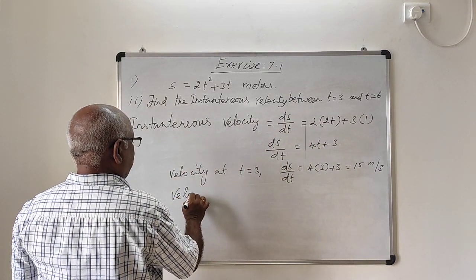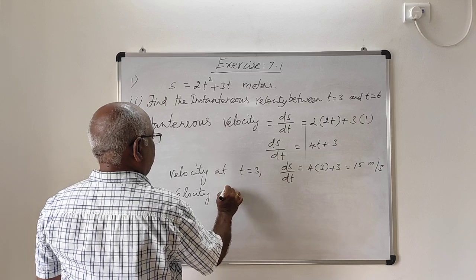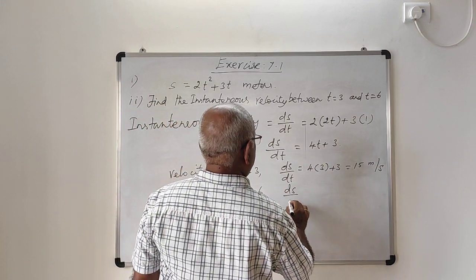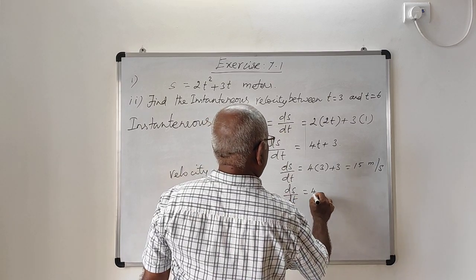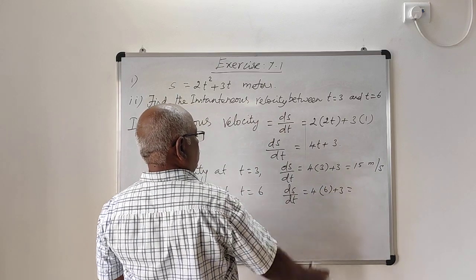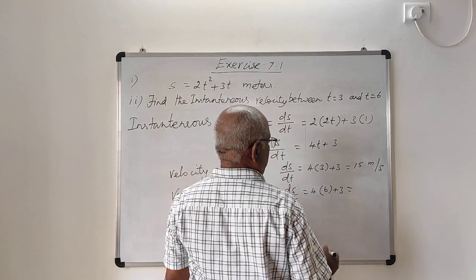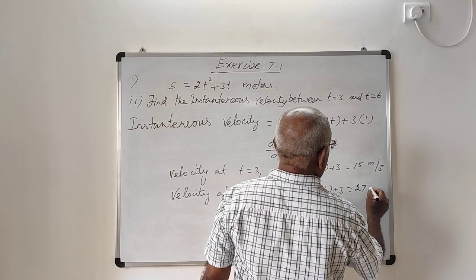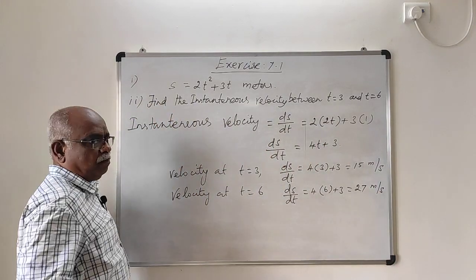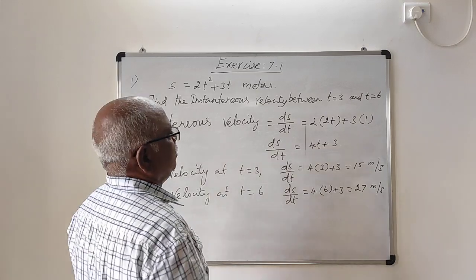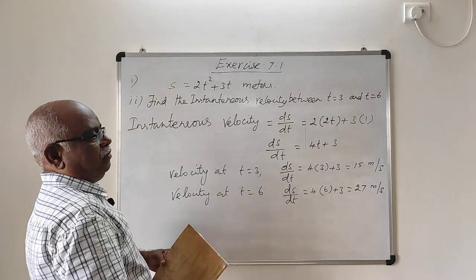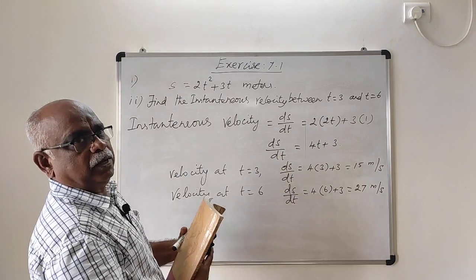Instantaneous velocity at t equal to 6 is ds by dt, 4 into 6 plus 3. 4 sixes are 24, plus 3, 27 meters per second. That's all about the second subdivision of the problem, and the first problem in the exercise. This is instantaneous velocity, the derivative of s with respect to t.